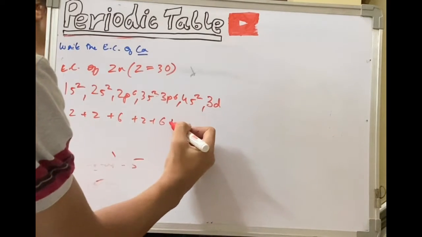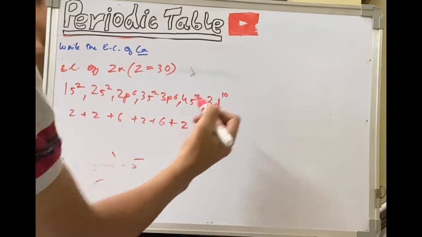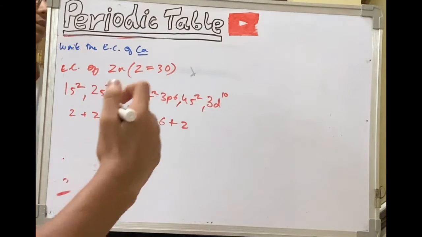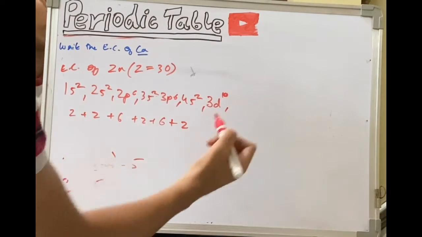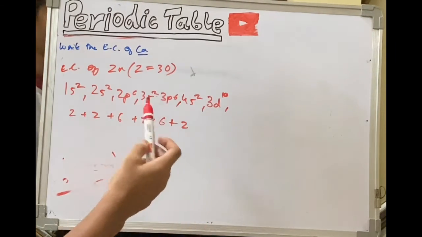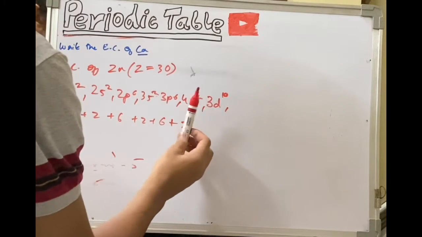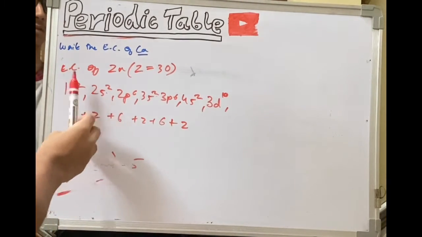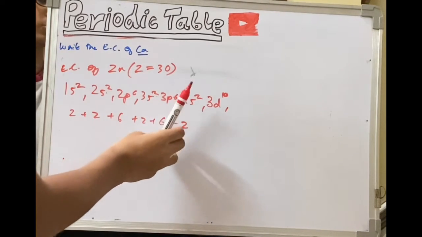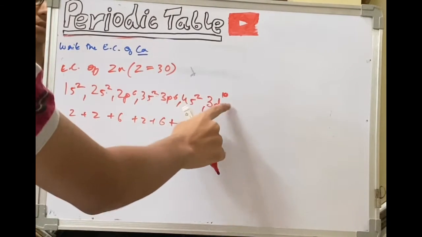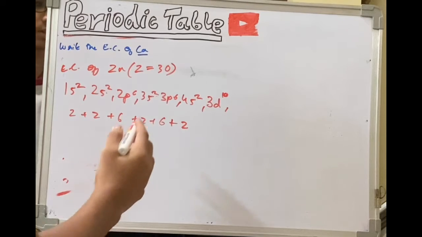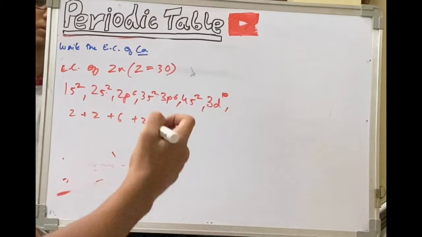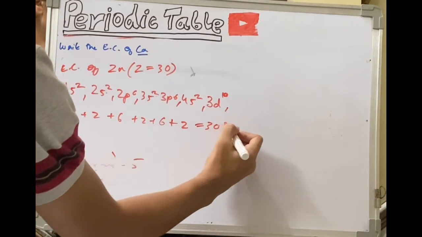It is 20 till now, right? So we'll fully fill this one as well. We'll do 3d10, and then, are we done? 8, 10, 12, 18, 20. Yeah, we are done. So we made it to 30 electrons.